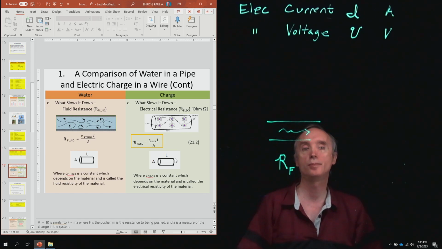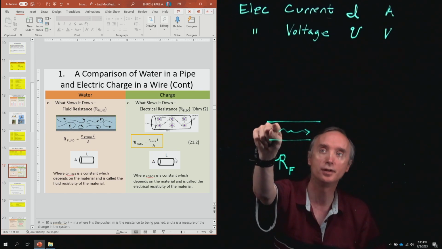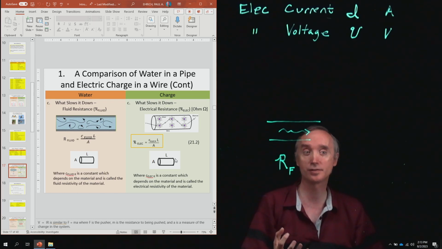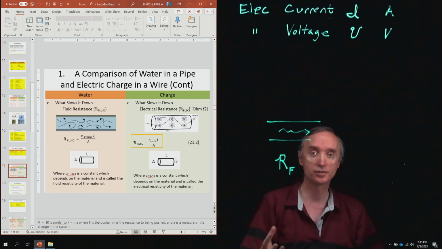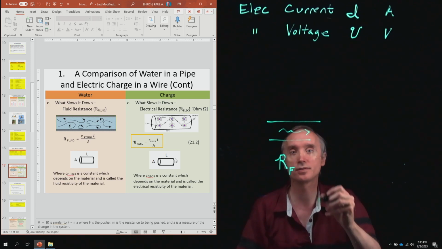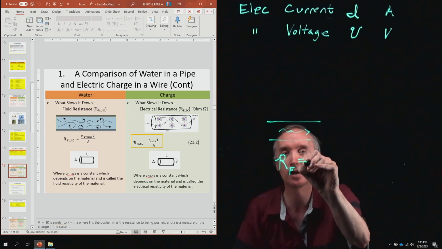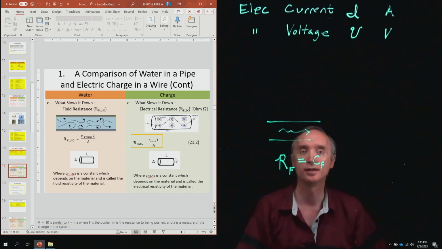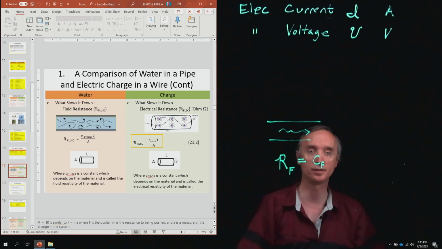And so what would it depend on? Well, it would depend on what kind of fluid is flowing. So is it water? Is it molasses? Is it oil? Different kinds of substances would have a different resistivity, and so this is going to be given by a constant that depends on what the substance is.